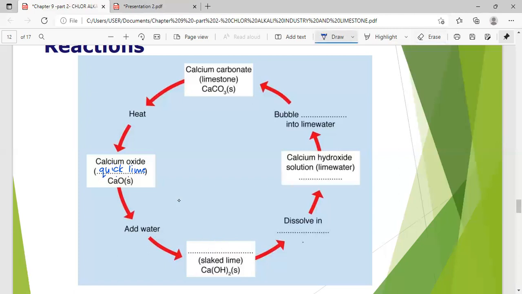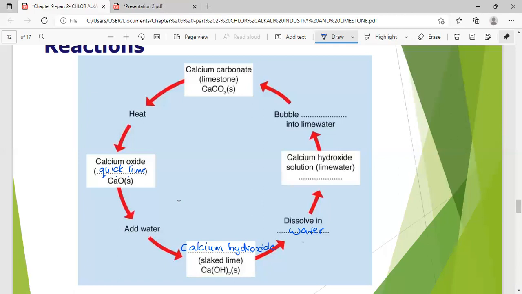It's calcium hydroxide. When this calcium hydroxide is completely dissolved in water, it forms a colorless solution. So to calcium oxide, when a small amount of water is added, it is still in the solid form, and you call it slaked lime, calcium hydroxide.